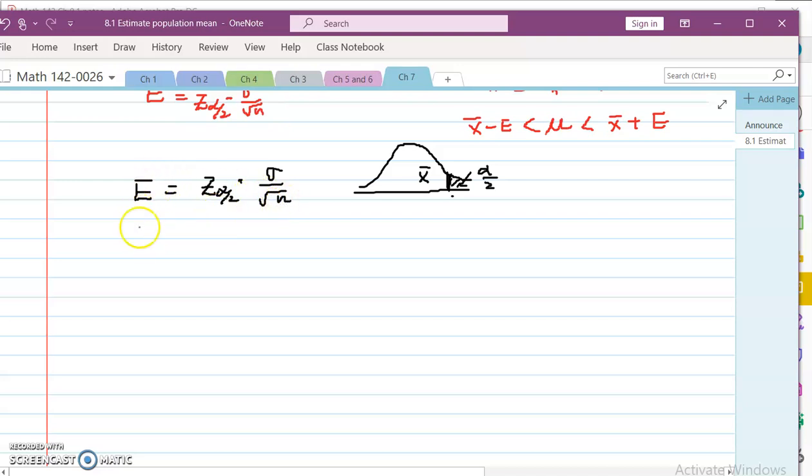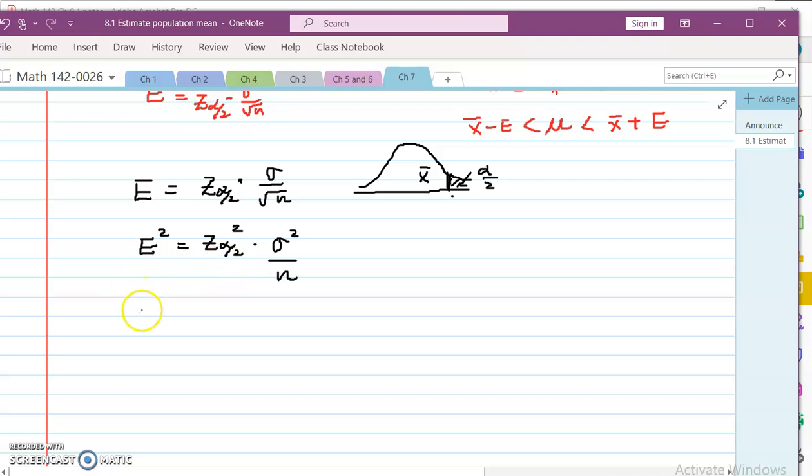So how can I find n if e is known? I want to have a target of e. So I will square both sides. This would be z alpha over 2 squared, times sigma squared over n. Because if you square this, and this, and this, the whole thing is squared.